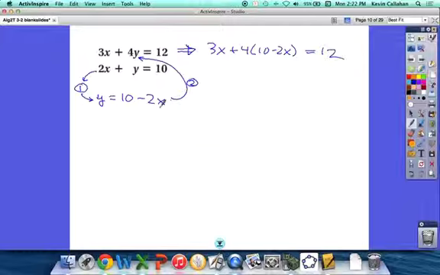Now what we've got there is one equation and one variable that can be solved with some basic algebra, right? Distribute. Combine like terms.